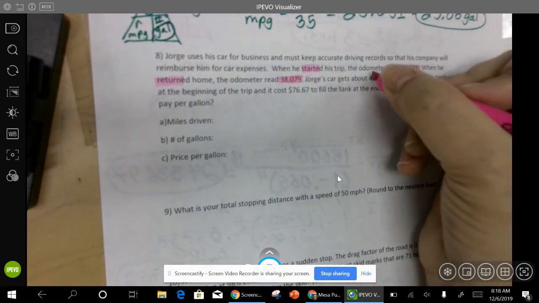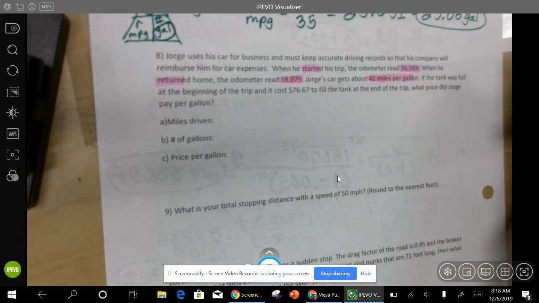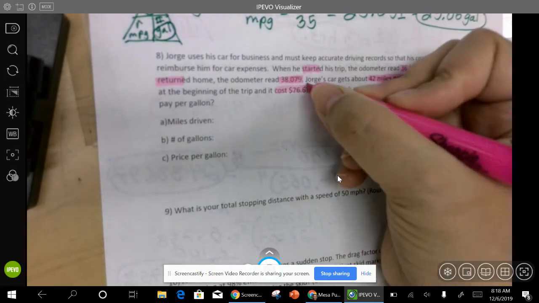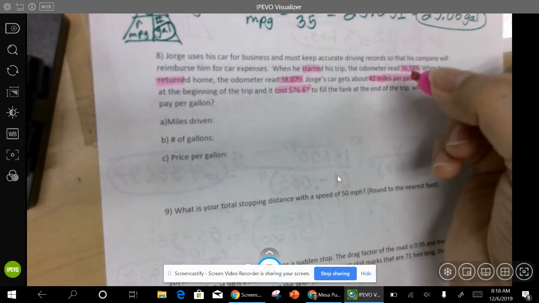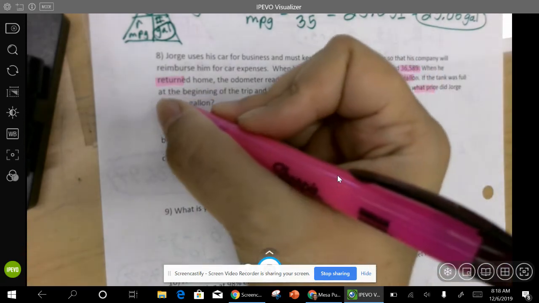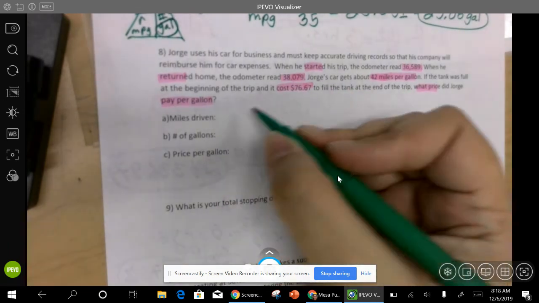Jorge's car gets about 42 miles per gallon. If the tank was full at the beginning of the trip and costs $76.67 to fill the tank at the end of the trip, what price did he pay per gallon? So basically we're solving for the price per gallon. Okay, so we're going to subtract.